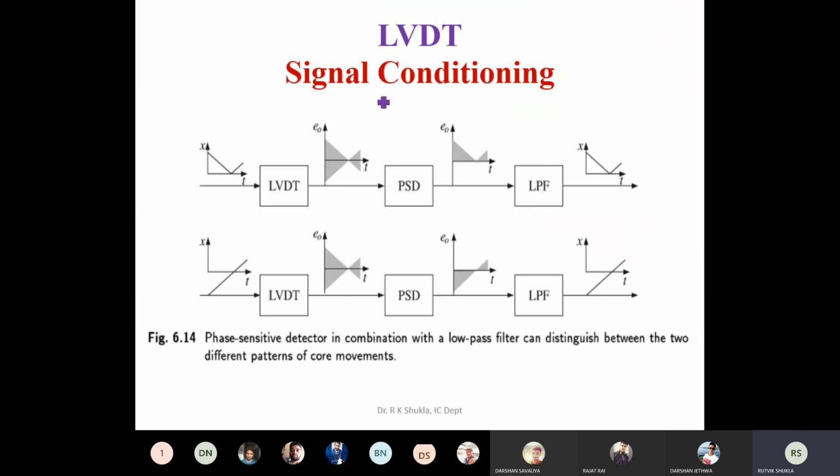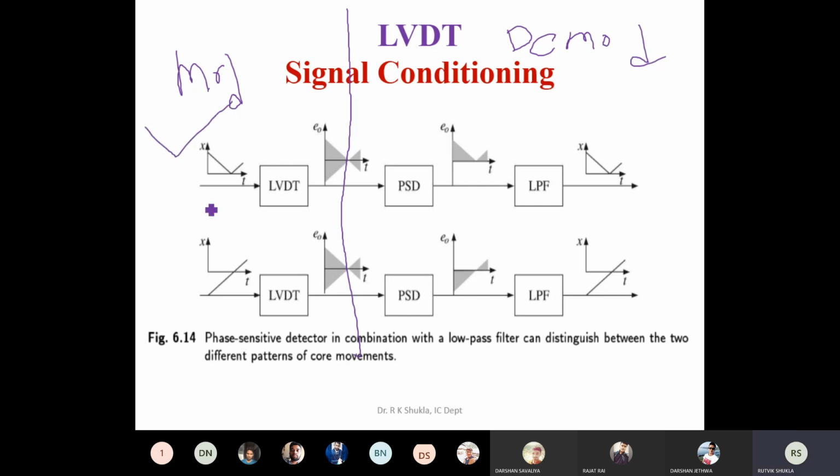Okay. So simply if we correlate with this amplitude modulation term, then we can say that this particular part is called the modulating part or modulation portion. And this particular portion is called the demodulator. This is called the modulator. So here you can see you are mixing your information with the excitation frequency of the LVDT, and what you are getting is an amplitude modulated output.